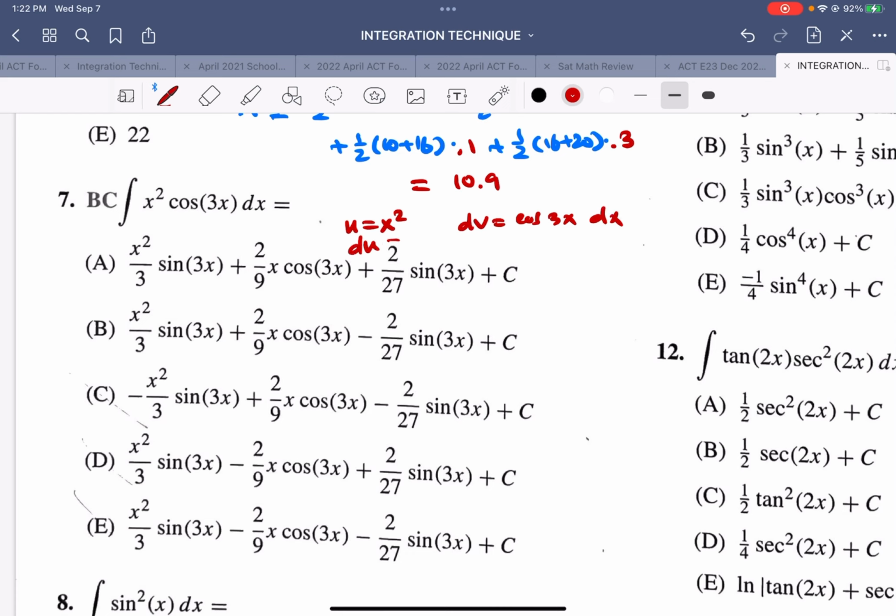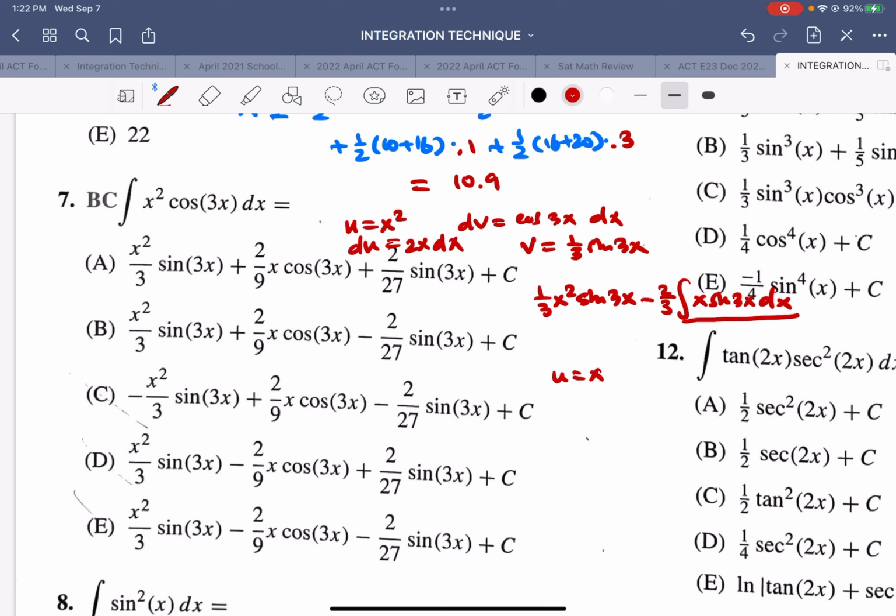So du equals 2x dx, and v equals, you have to consider the chain rule, so 1/3 sine 3x. So uv is 1/3 x squared sine 3x minus the integral of v du, so minus 2/3 integral x sine 3x dx. Okay, and then this portion you can do one more time.